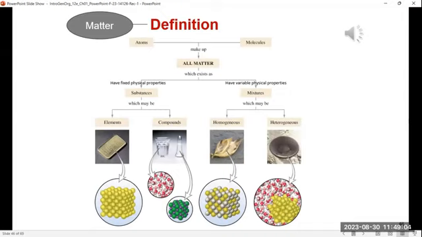We talked about matter. They are made out of atoms and molecules. We're going to look into details of atoms and molecules in chapter 2.